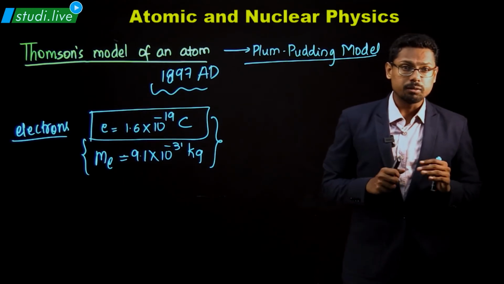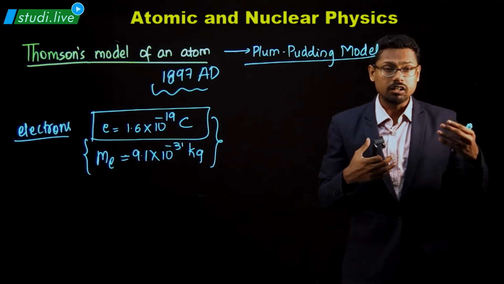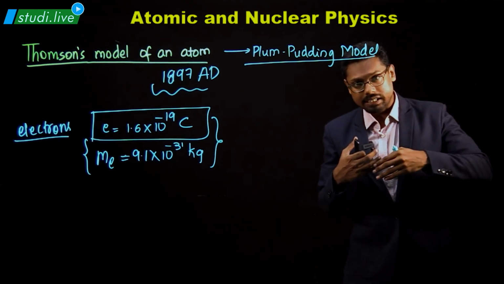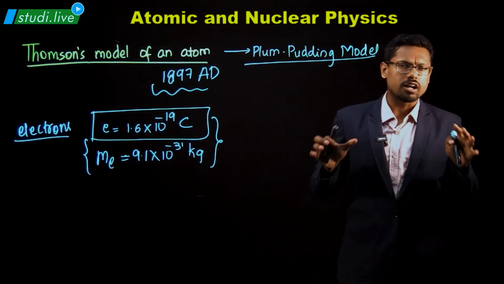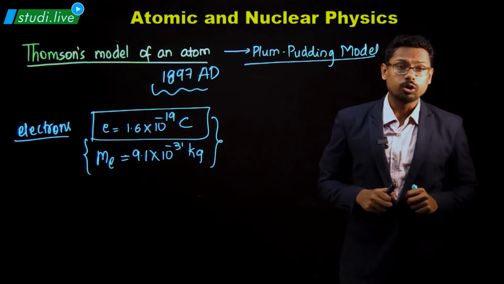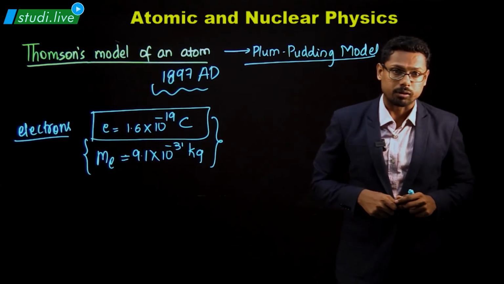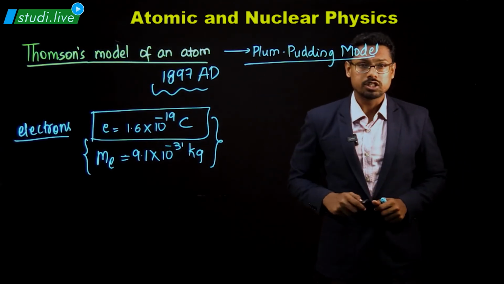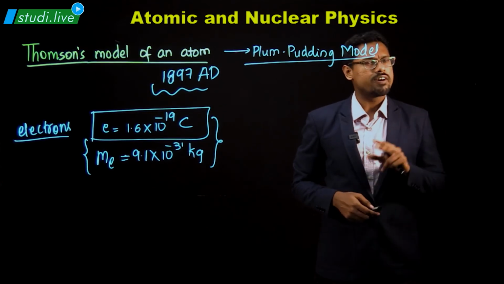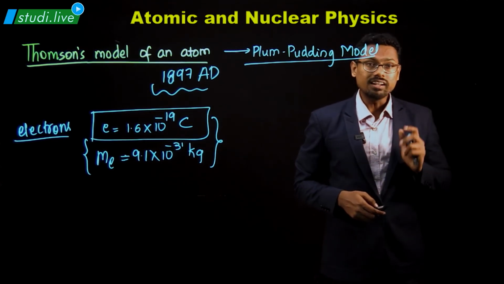Atomic spectrum is the liberation of energy when electromagnetic radiations hit an atom. A good theory that we are going to learn in the later part of this chapter. But as of now, that was Thomson's model, and we'll be studying the alpha scattering experiment in our next video.